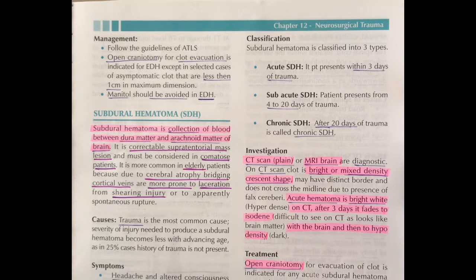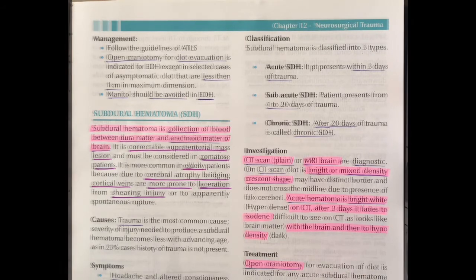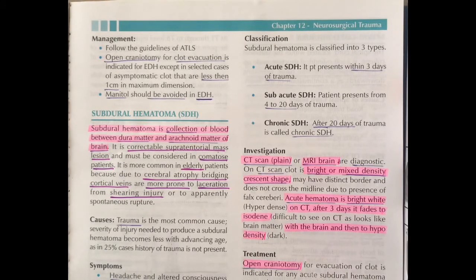When we consider an elderly patient, we have a chance of subdural hematoma because there is cerebral atrophy leading to cortical veins more prone to lacerations. Other than the elderly, another reason behind subdural hematoma is trauma. When there is trauma to a patient or a severe injury to the head, to the skull, we will have a subdural hematoma.